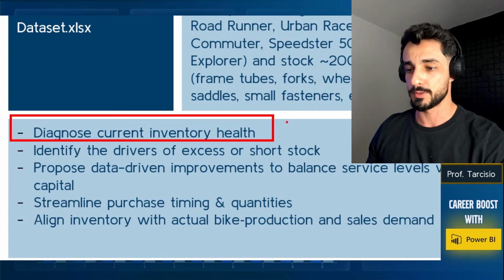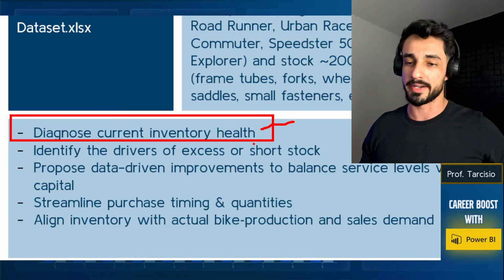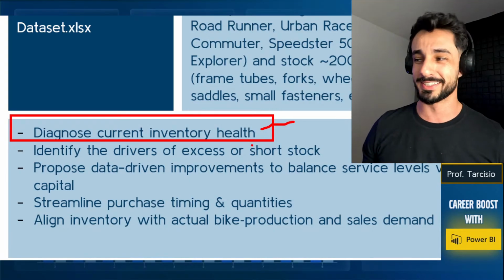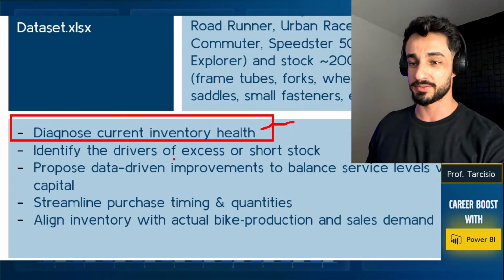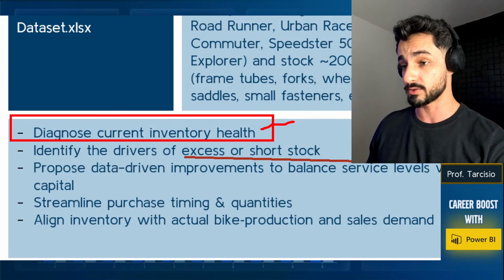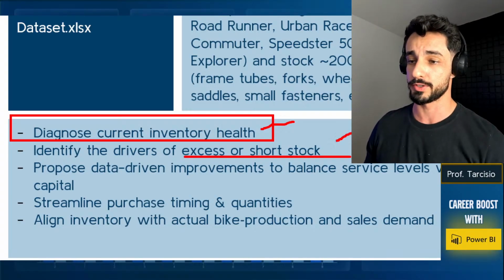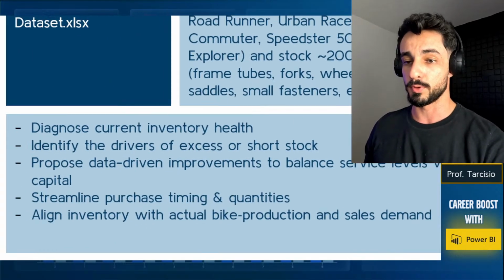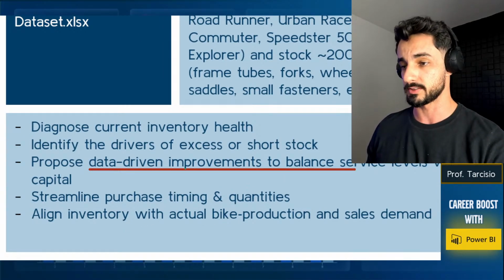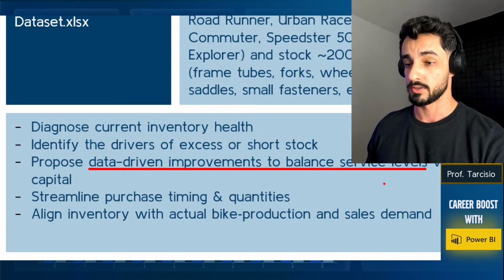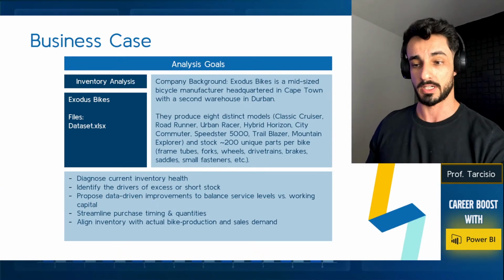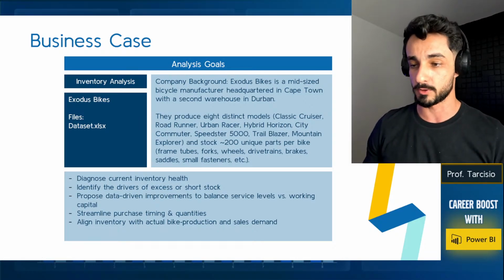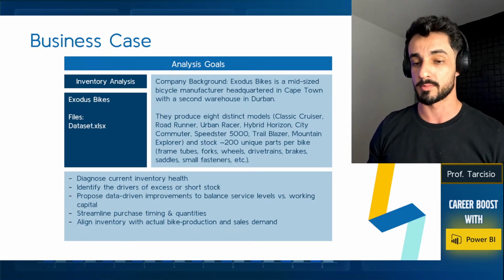This is going to be important to have an overall idea of how things are going, if they are going uphill or downhill. We need to identify the drivers of excess or short stock, so we are going to analyze the stock levels. And we need to also propose some data-driven improvements to balance service levels. So we are going to check later how the service level compares with the working capital, so we can have more ideas about this.